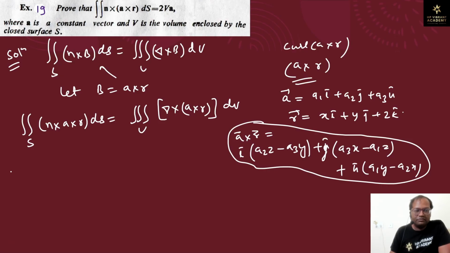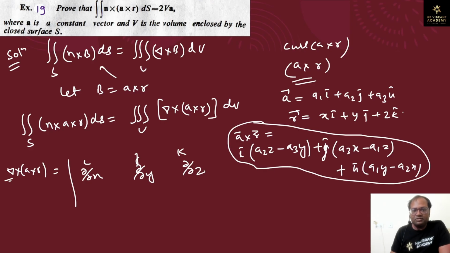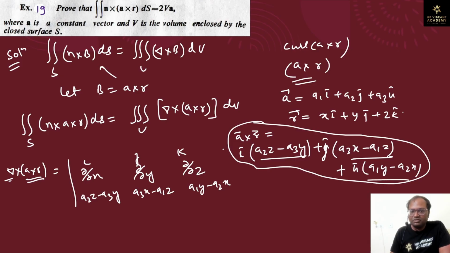The curl, del cross (a cross r), is the determinant of i, j, k, the components of the del operator, which are del upon del x, del upon del y and del upon del z, and the components of the a cross r vector, which are a2 z minus a3 y, a3 x minus a1 z, and a1 y minus a2 x.